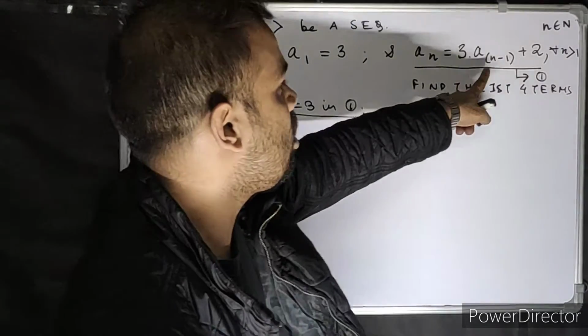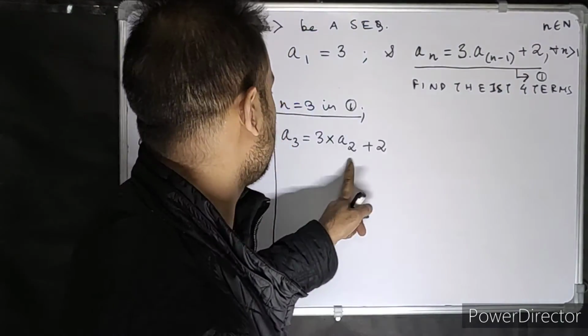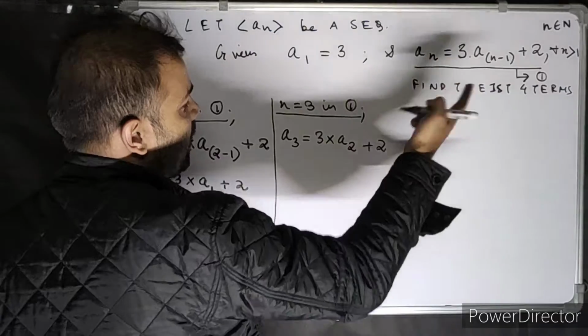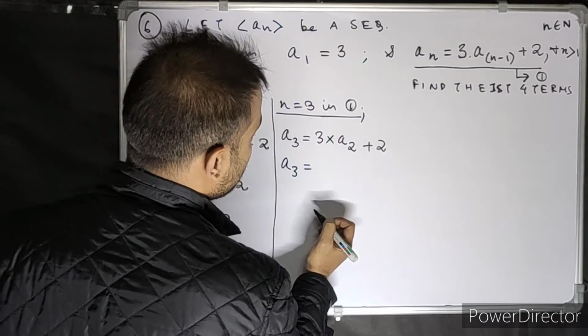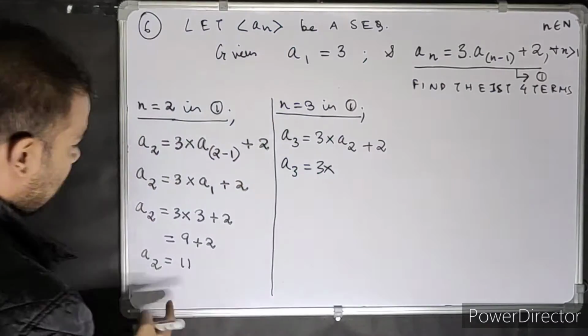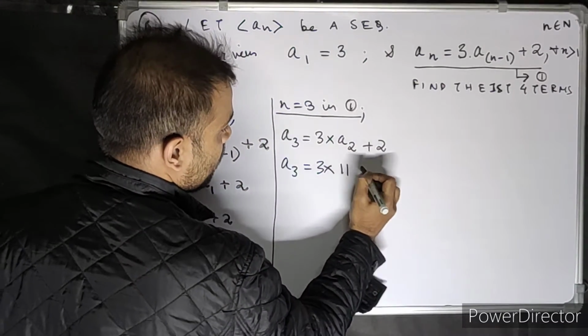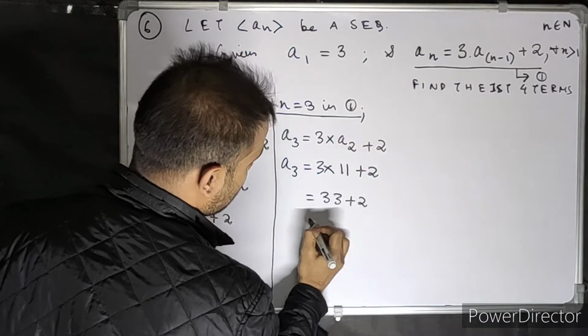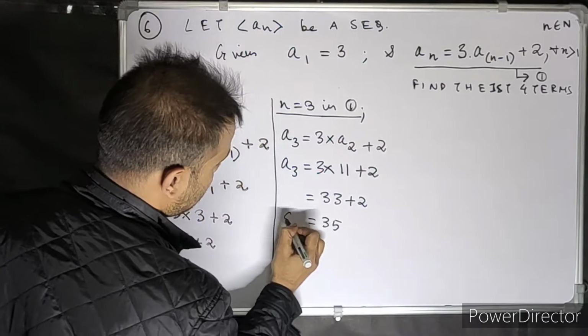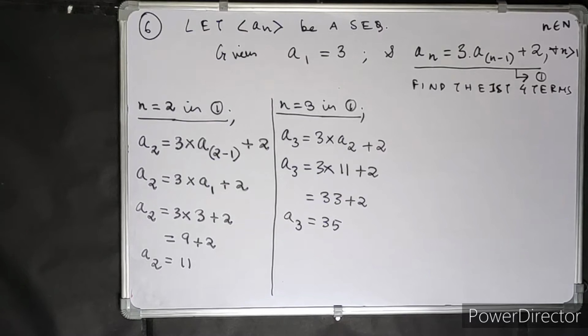Now you can put 3 over here; 3 minus 1 is 2, so I have written a_2. So what is my third term? My third term is 3 into my a_2, which is 11, plus 2. 33 plus 2, 35. That is my third term.